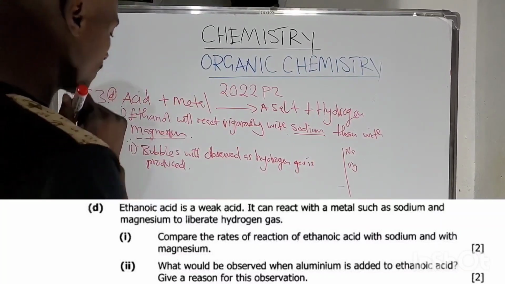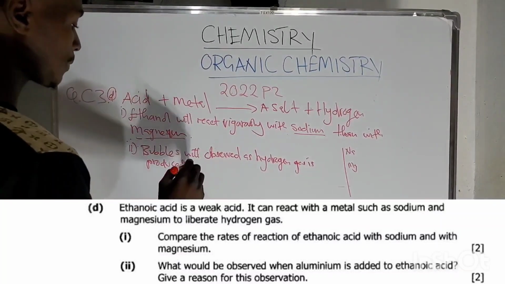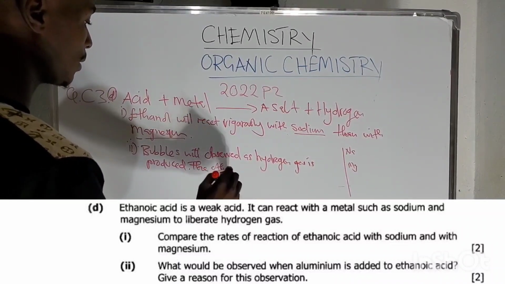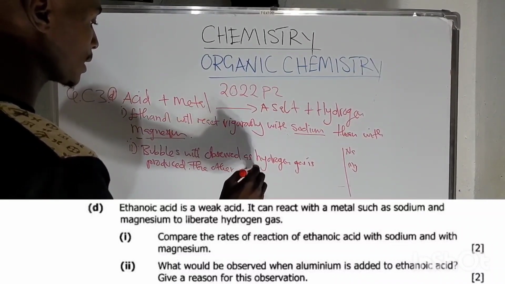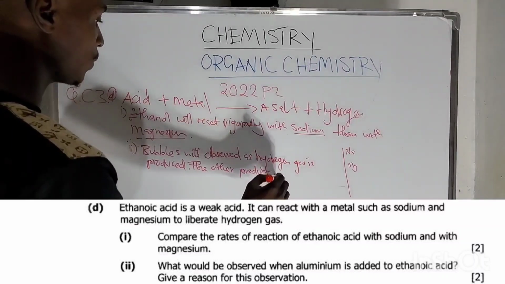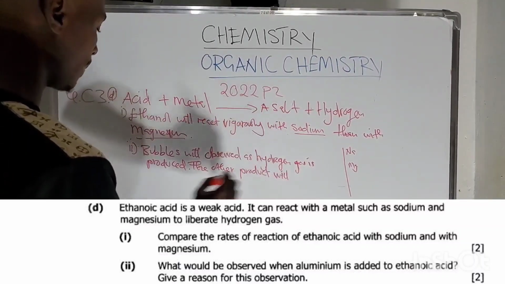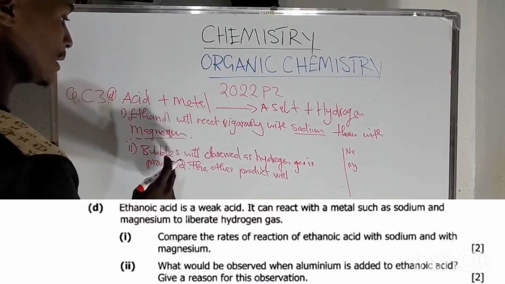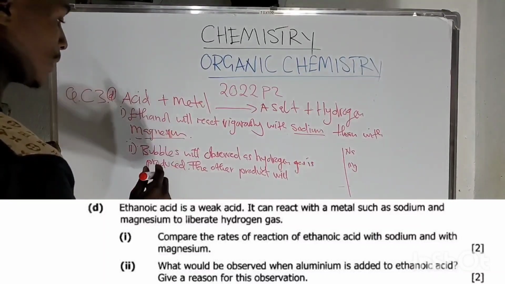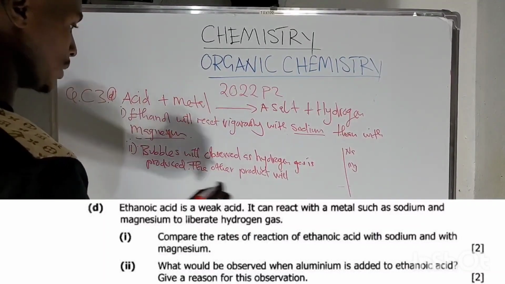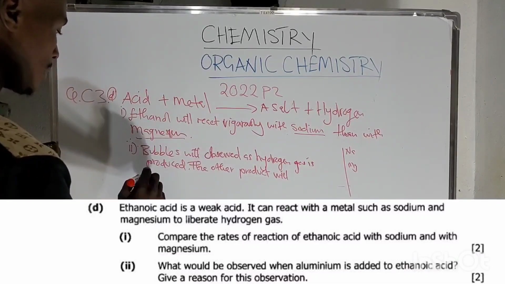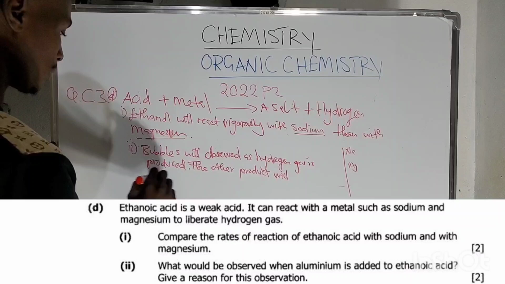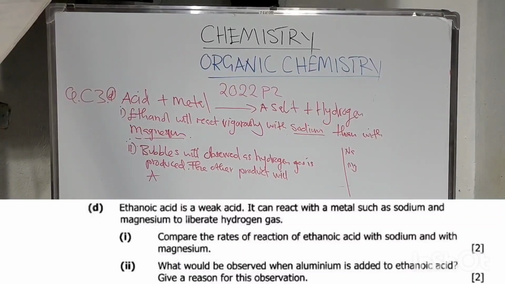Okay, then the other product will be, since we've used aluminum and ethanoic acid, aluminum ethanoate.